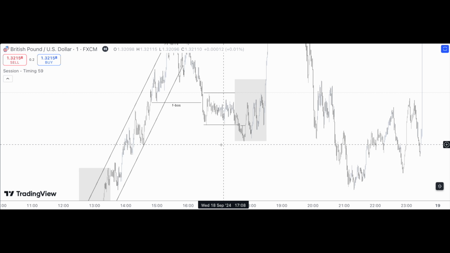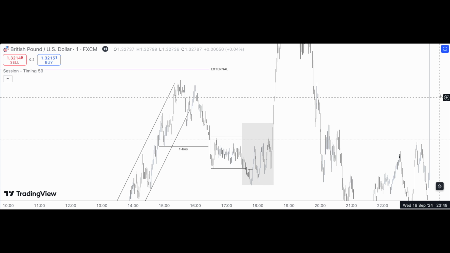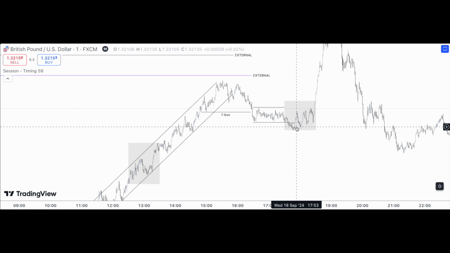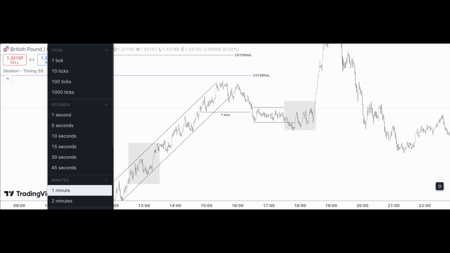So this was the perfect example of accumulation, manipulation, and this is the distribution phase. You only enter the trade once you see an internal break of structure, which was right over here. Once the manipulation is done, you wait for an internal break of structure and then you enter the trade.